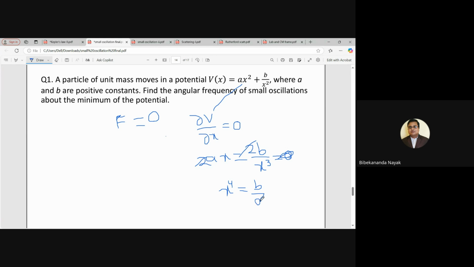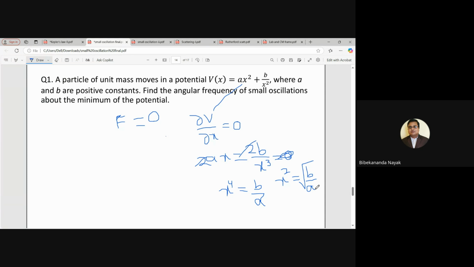Isn't that it? So you found x to the power 4 is equal to b by a, the equilibrium point. If you take the root, the solution will be x square is equal to root over of b by a. Hello? This is the equilibrium point.